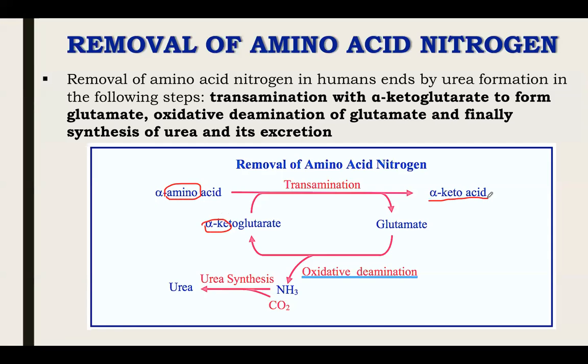We are going to see it in the diagram. The amino group is transferred to the ketoglutaric to give me glutamic acid. So any amino acid will give the amino group to alpha ketoglutaric, and the amino acid itself is converted to an alpha keto acid. And the ketoglutaric is converted to glutamic acid or glutamate. This process is called transamination.